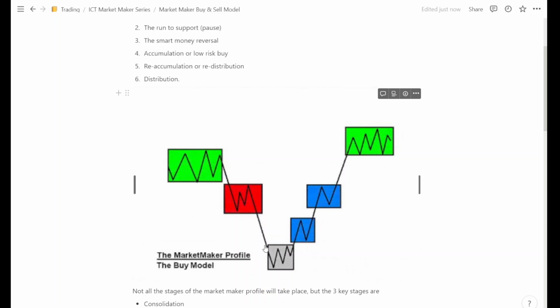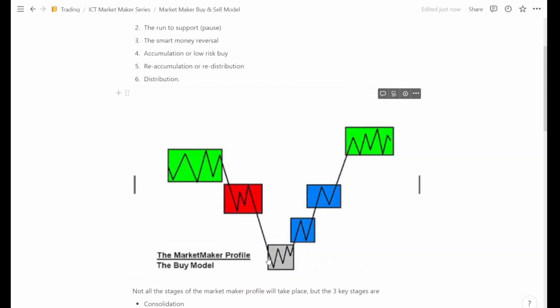The other characteristic of a smart money reversal is that there is usually an SMT divergence at this level. So look at the pair you are trading and monitor how price paints around this level.